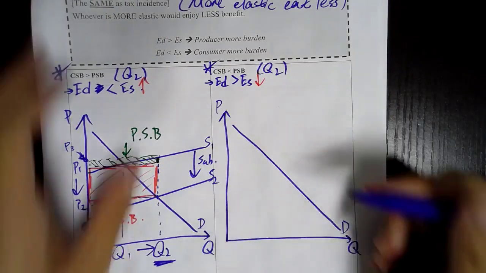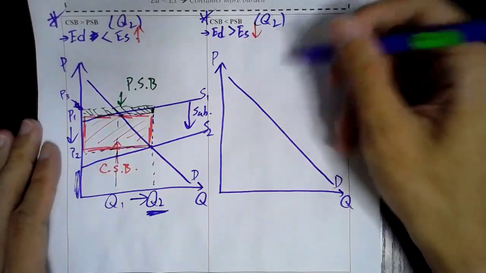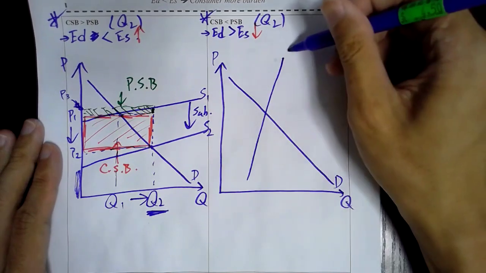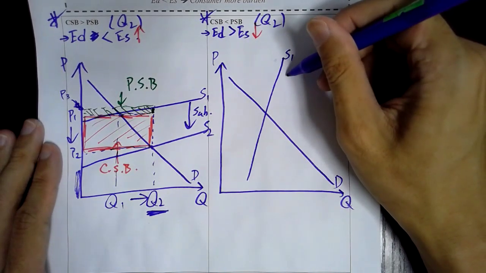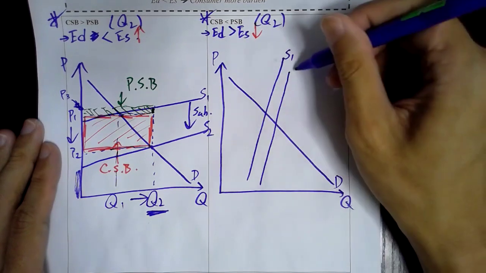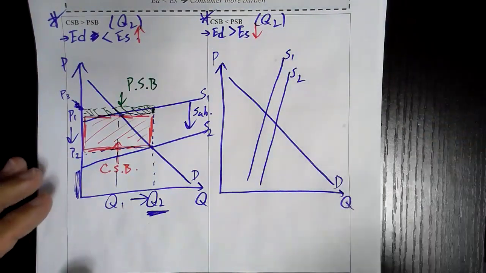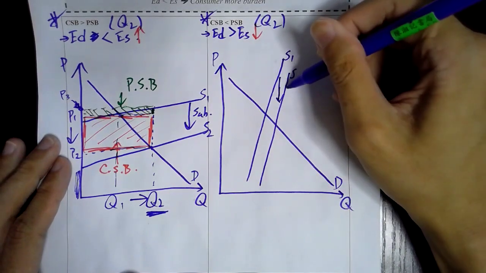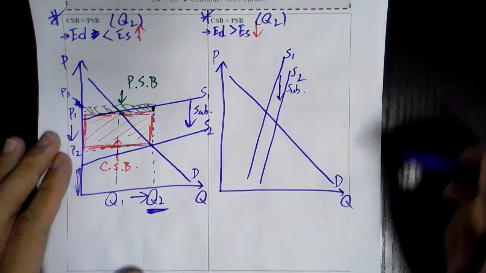So how do we draw this? If the previous one was horizontal, then this one is vertical. So let's say here we have our S1, and here we have our S2. Is the shift that small? No, no. Remember, this is a downward shift, so this is already quite a big shift.